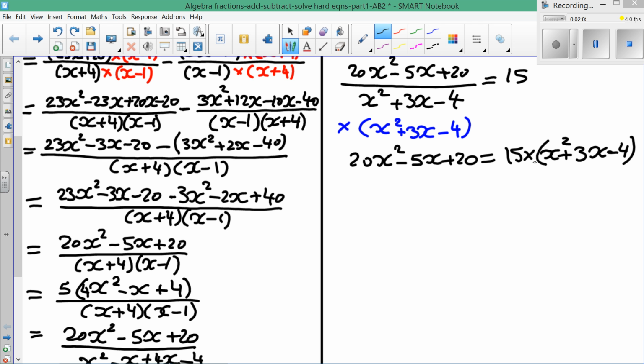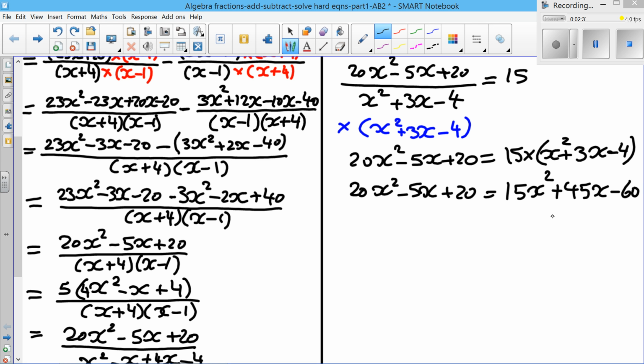I expand this bracket, so now I have 20x squared minus 5x plus 20 equals 15x squared, 15 times plus 3x is plus 45x, and 15 times minus 4 is minus 60. This is the form of a quadratic.